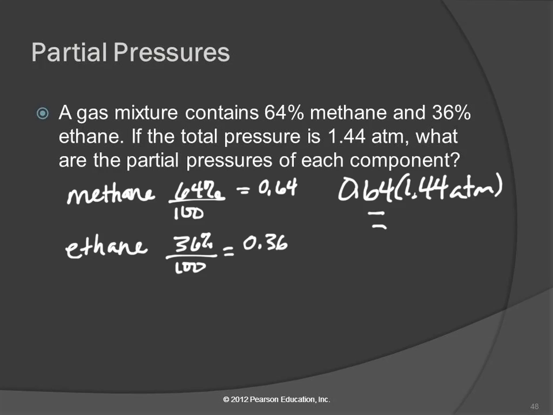So 0.64 times 1.44. 0.92 atmospheres for the methane. And for the ethane, it's 0.36 times 1.44 atmospheres. 0.36 times 1.44, or you could just take the other one, subtract it from 1.